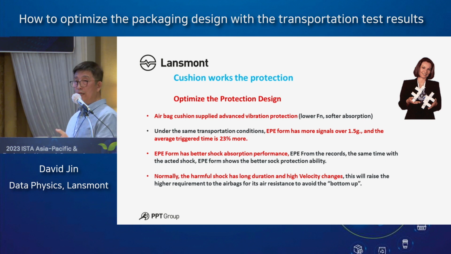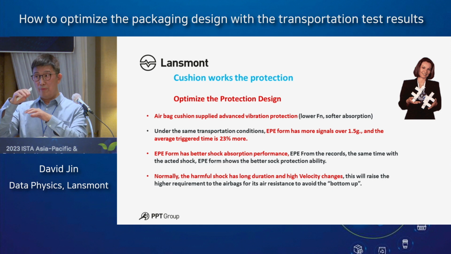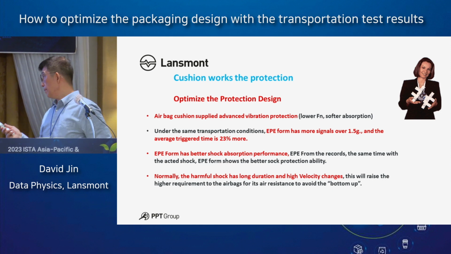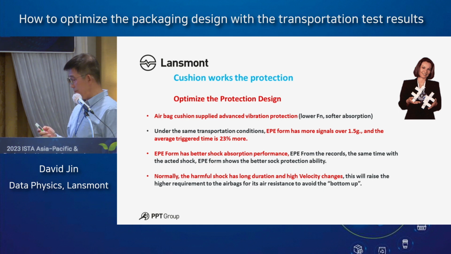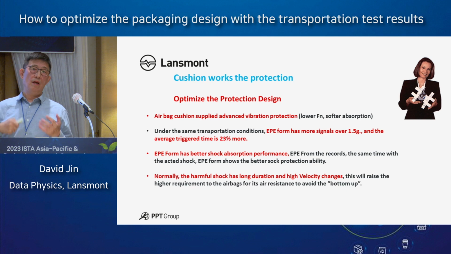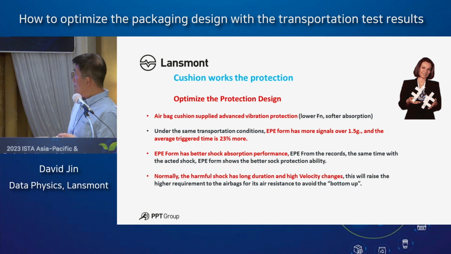So finally, they optimized, they changed the foam density a little bit to make it more supportive. So finally, they use the foam from the packaging. So this is an example for shock and vibration, how you optimize your choice to make it better for your application. David, 2 minutes. Yeah, thank you.